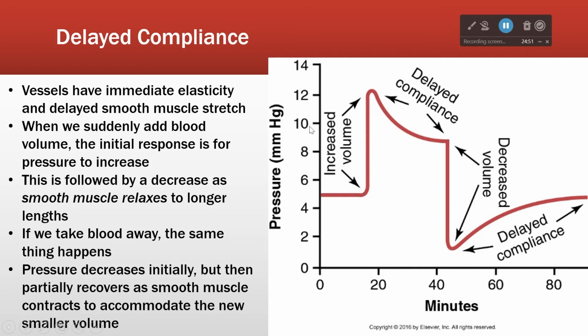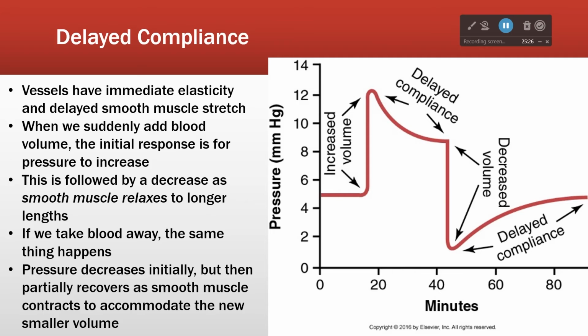The first response that we'll see is an increase in pressure. Why? Because we've taken a new amount of volume and we've kind of squeezed it into the existing cardiovascular system. So the first response we'll see is an increase in volume. All right, well, the body is going to respond to that increase in volume in 2 ways. Number one, the vessels are going to stretch out a bit. That's elasticity. Number two, the smooth muscle in the walls is going to relax. So we're going to have vessels that get bigger.